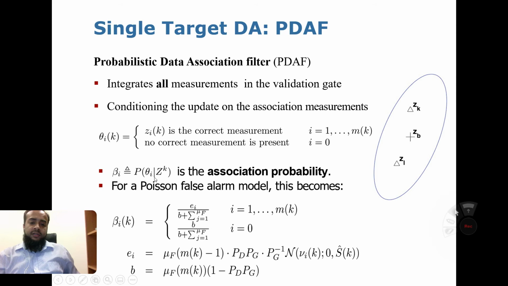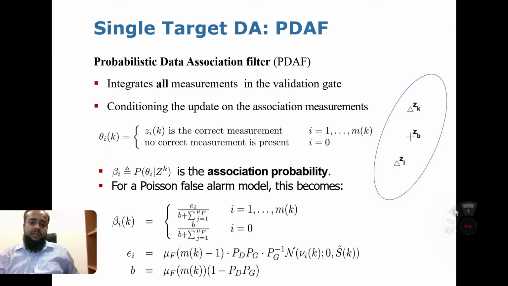And then the association probabilities are calculated for the selected measurements. For example, in scan 5, two measurements are correct, then the association probability is calculated for only those two measurements. And for example, in the next scan, number 6, there are no measurements.